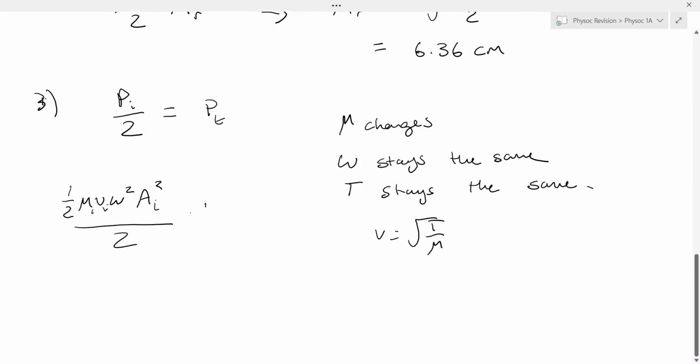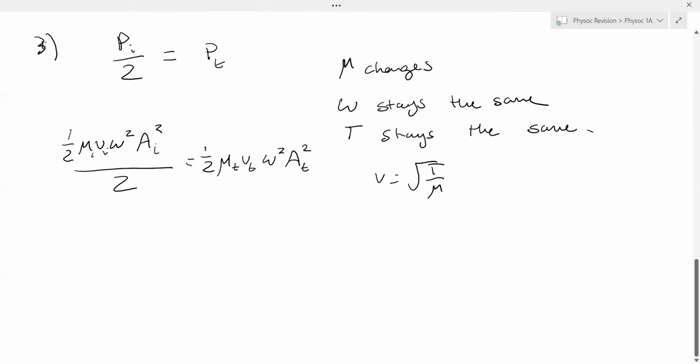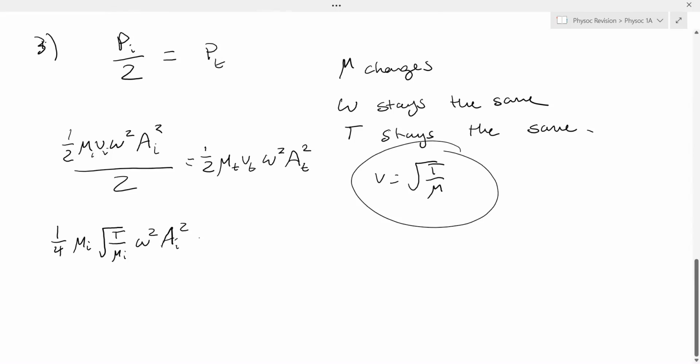Over 2 is equal to half mu transmitted, our transmitted velocity, omega stays the same, and our transmitted amplitude. So let's substitute our velocity equation: one quarter mu incident root T over mu incident omega squared A_I squared equals half mu T square root of T over mu T omega squared A_T squared.